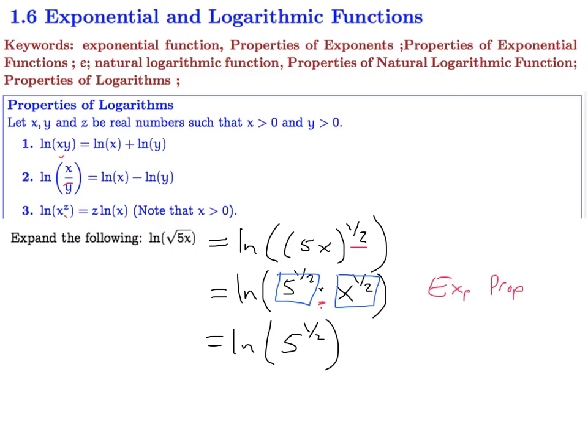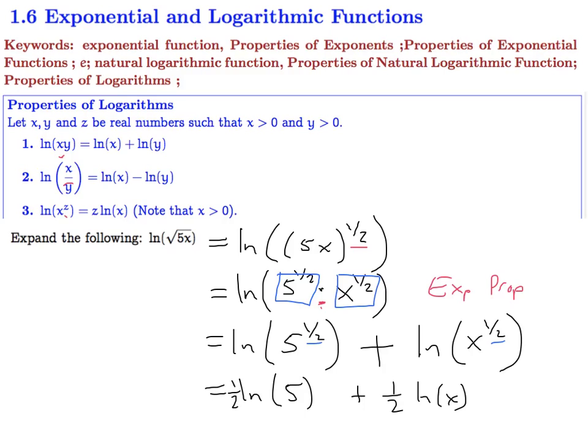The natural log of 5 to the 1/2, the multiplication becomes addition, plus the natural log of x to the 1/2. And now when we look at this, now is a good time to use that 1/2 property. We can pull a 1/2 out of both of them using property number 3. And of course I didn't leave room for the 1/2.